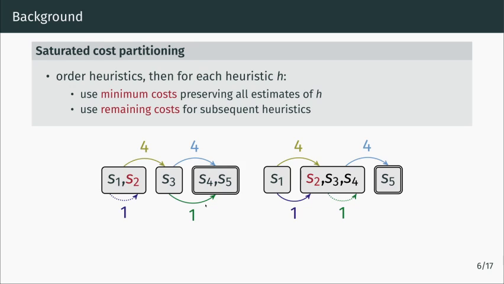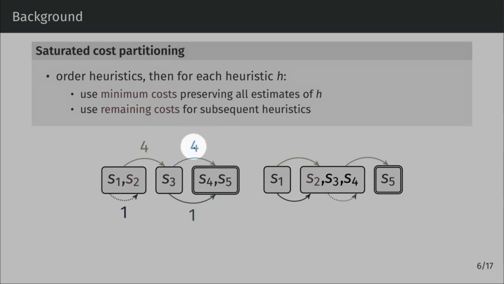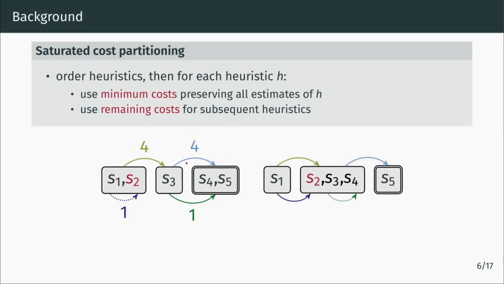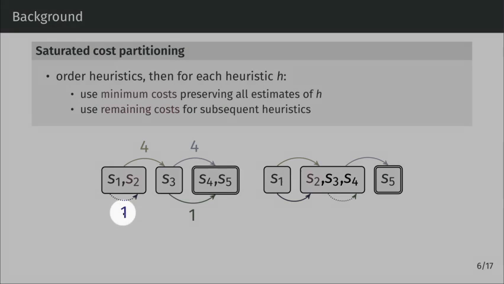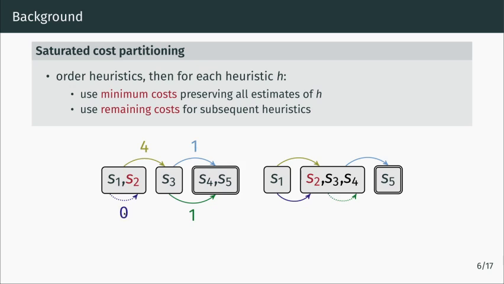In this example, we start with the first abstraction and compute all abstract goal distances, and see that we can reduce the cost of this operator here to 1 without affecting any goal distance. We can also reduce the cost of this operator to 0 because it's a self-loop. So we do that, and then we can use the remaining costs in this abstraction.